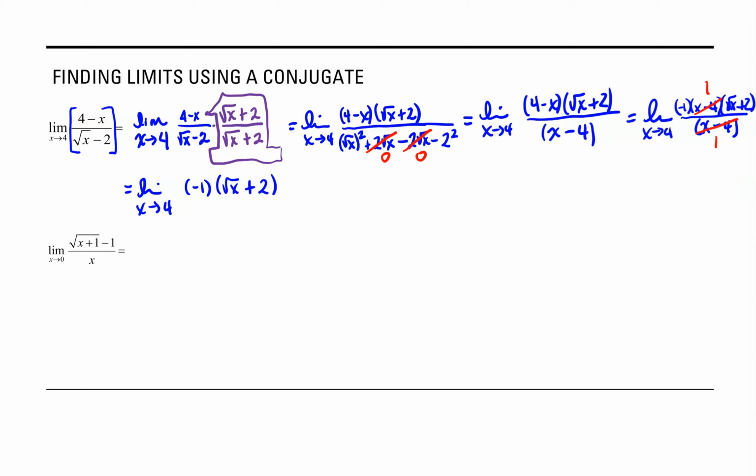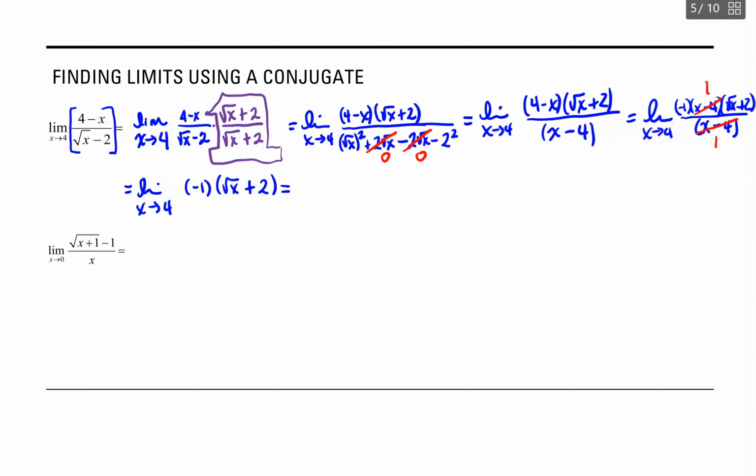So through this algebraic process of creating an equivalent function, what we're saying is that negative 1 times the square root of x plus 2 behaves similarly to the original function as x approaches 4.